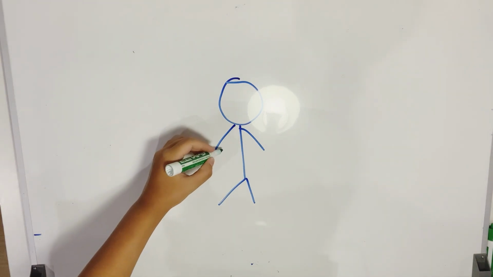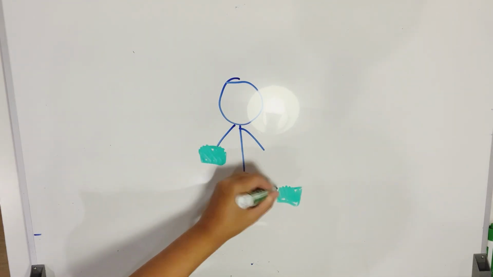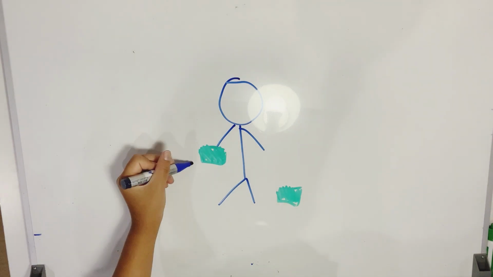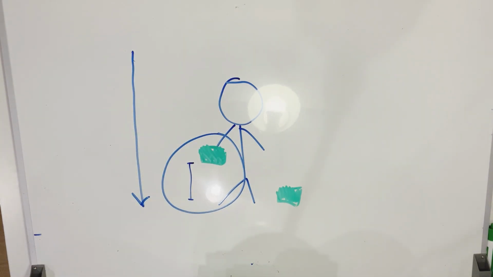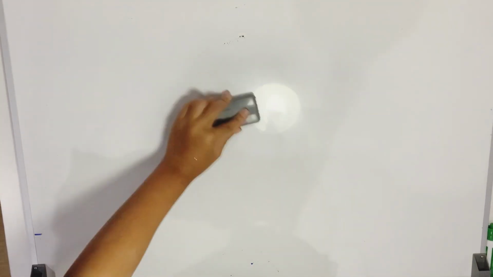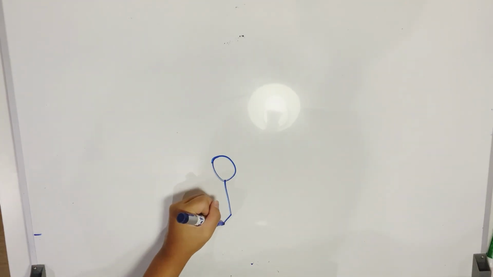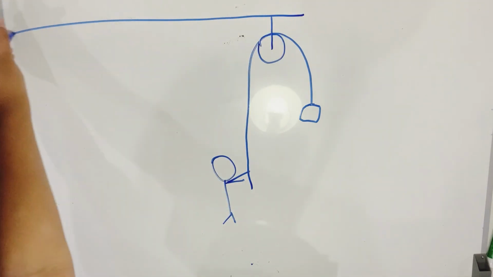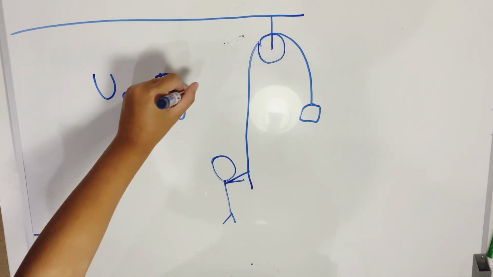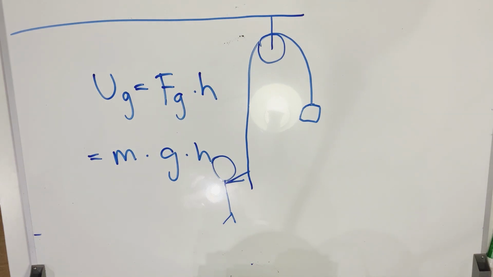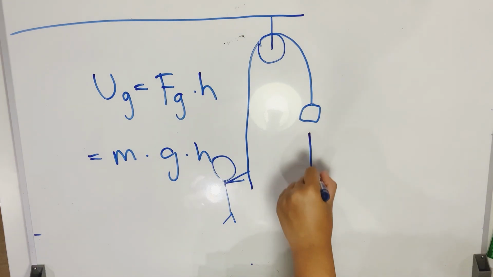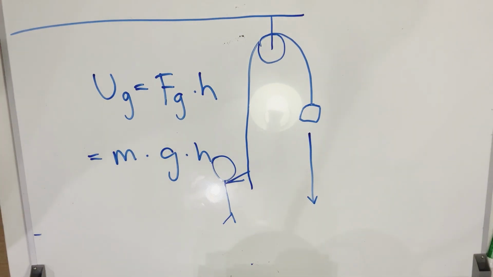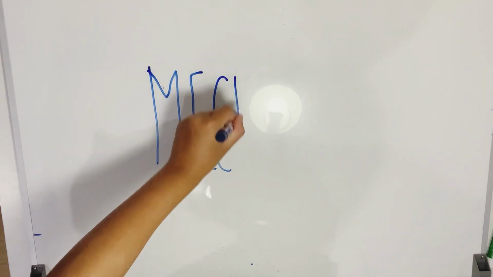The one on the floor has no movement and no gravitational potential energy, but the one he's holding has gravity pulling it down, so it has gravitational potential energy. Now, let's say Kyle is pulling a metal rod down with something attached to the end. If the force were removed, the object would fall back down and the gravitational potential energy would be transferred back.